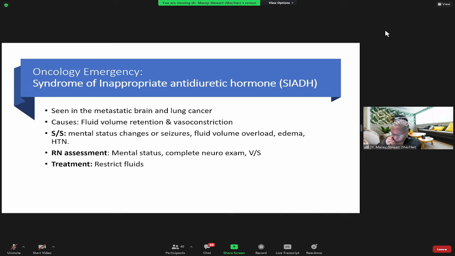SIADH, brain and lung cancer. You have fluid volume retention and vasoconstriction. Again, you can have altered mental status change.